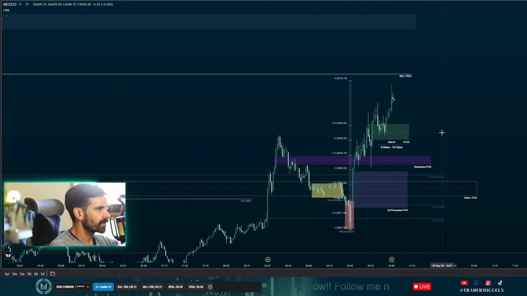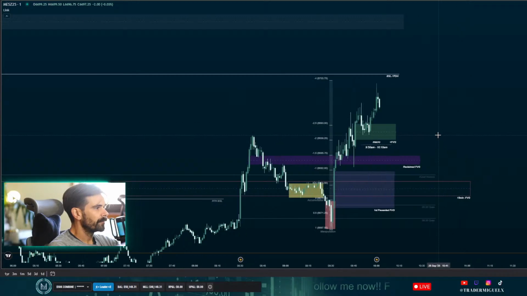So the bullish structure is kind of in place. Still waiting here.